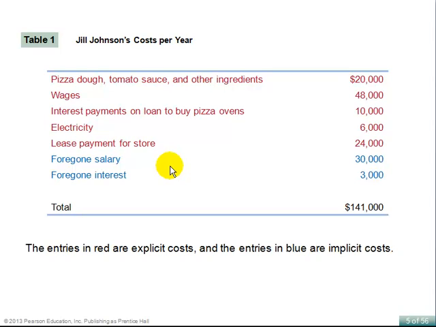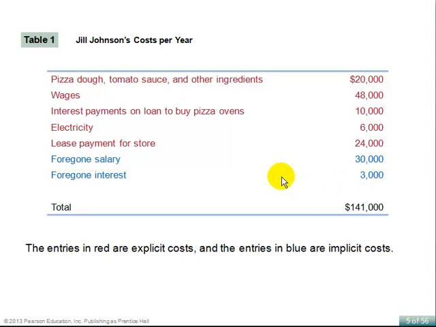Before opening her own restaurant, Jill earned a salary of $30,000 per year managing a restaurant for someone else. To start her own restaurant, Jill quit her job, withdrew $50,000 from her bank account, where it earned her interest of $3,000 every year, and used those funds to equip her restaurant.